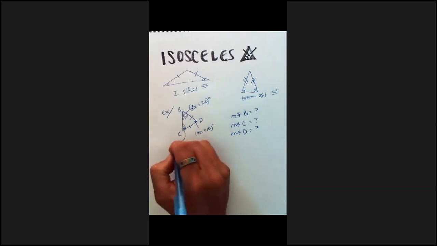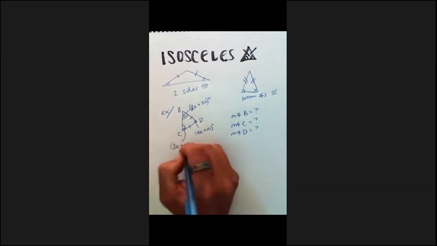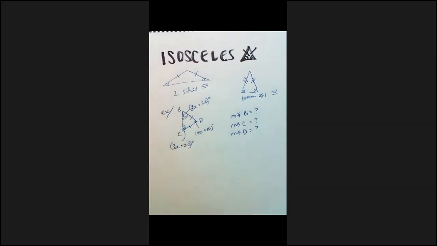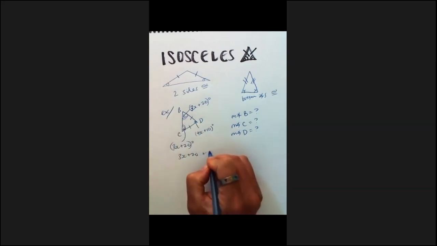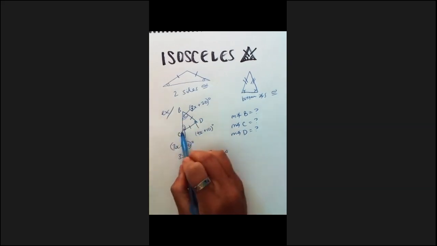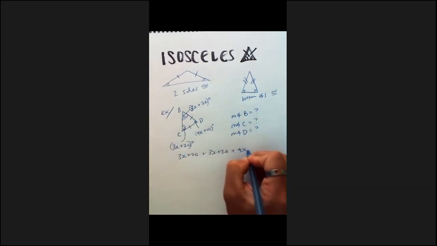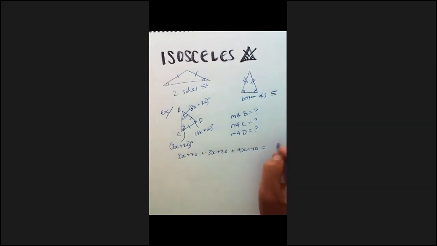So how we will begin to solve this: we know that in a triangle, all the angle measures are equal to 180. So we will do 3x plus 20 plus 3x plus 20, once again, plus 4x plus 10 is equal to 180. The 3x plus 20 is there twice due to the fact that the bottom angles are congruent, and the triangle's angle measures are equal to 180.